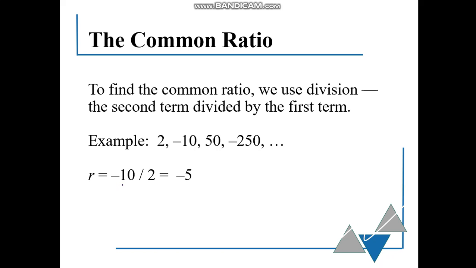In this example, we have negative 10 divided by 2, we get negative 5. And we can check that by multiplying it through. 2 times negative 5 is negative 10. Negative 10 times negative 5 is 50. 50 times negative 5 is negative 250. So it checks.